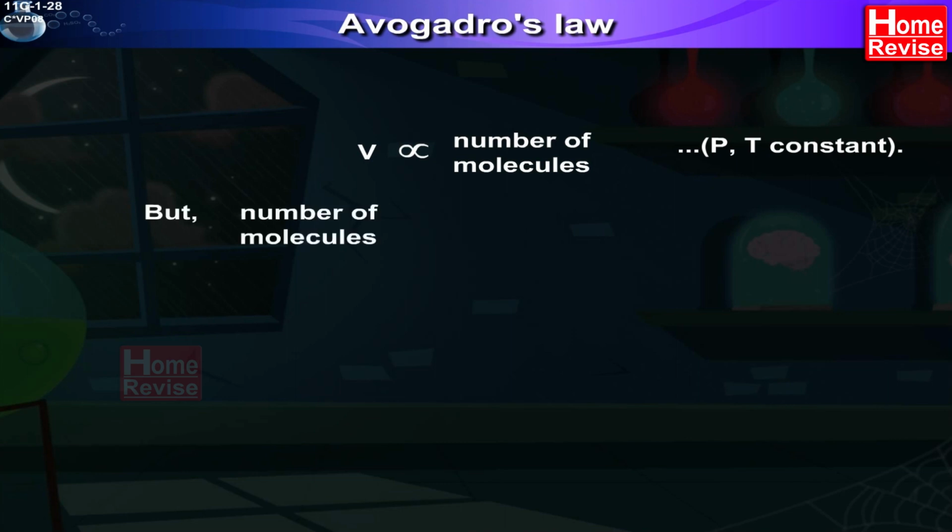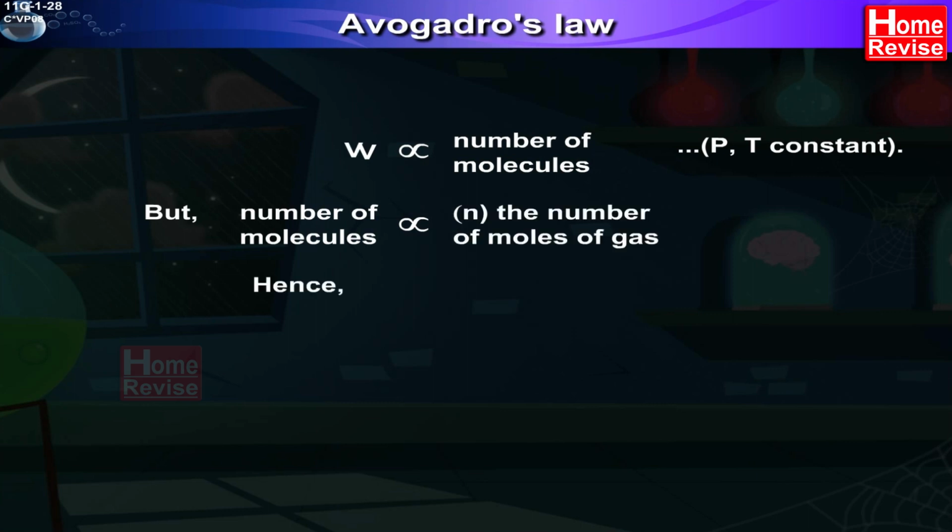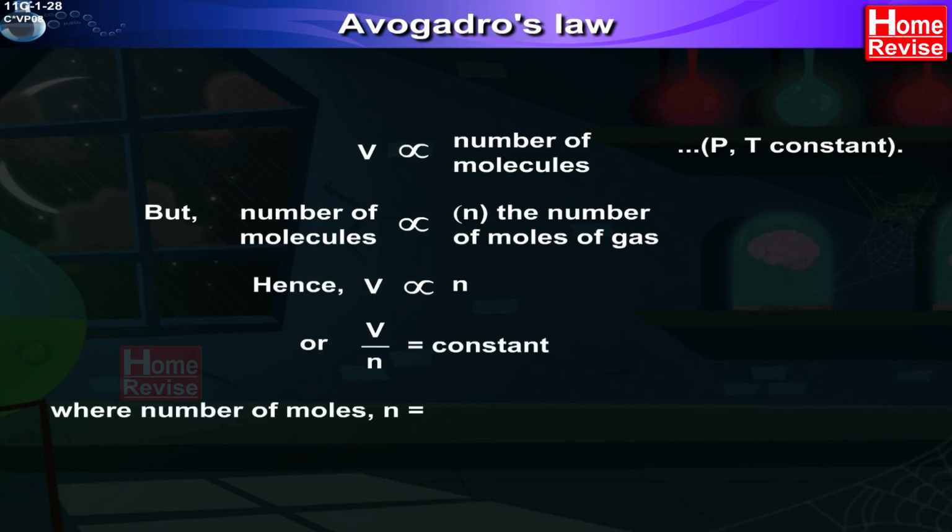But number of molecules is directly proportional to n, the number of moles of gas. Hence, V is directly proportional to n, or V upon n equals constant, where number of moles, n, equals mass of gas upon molar mass of gas.